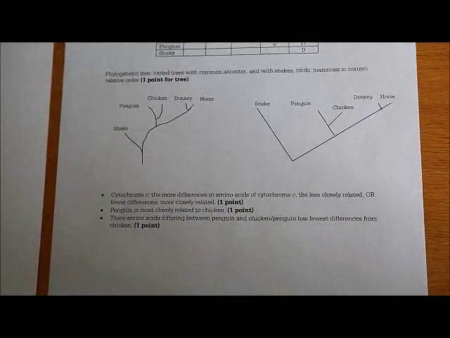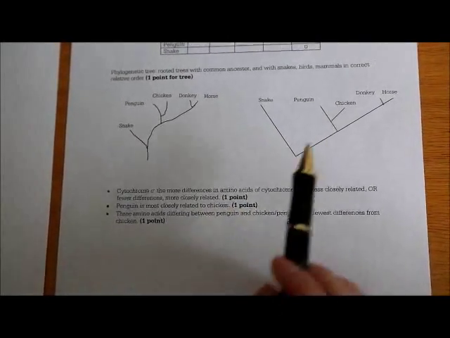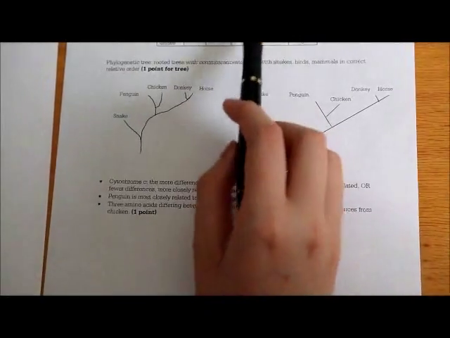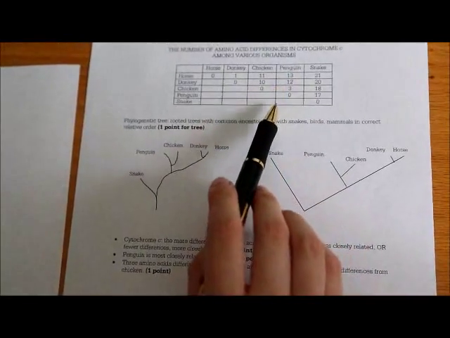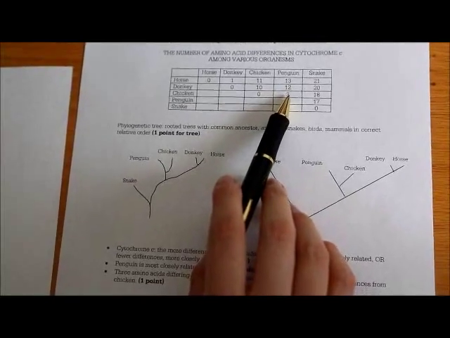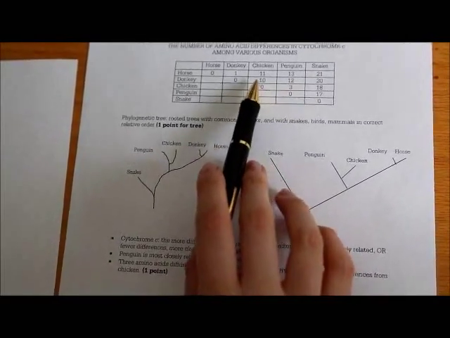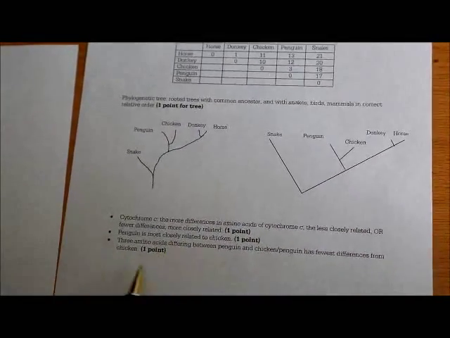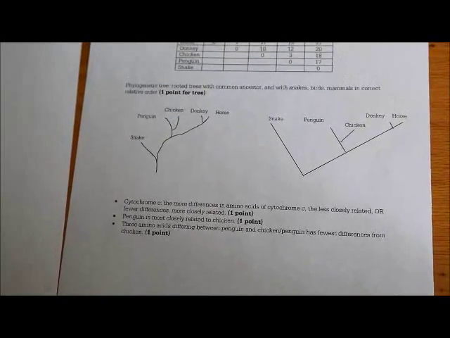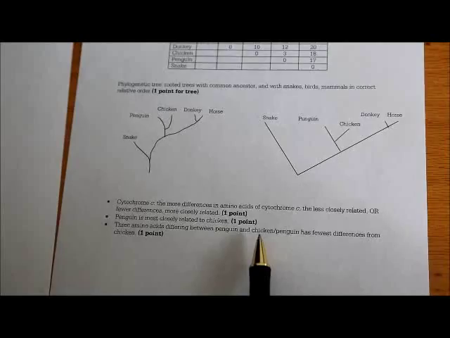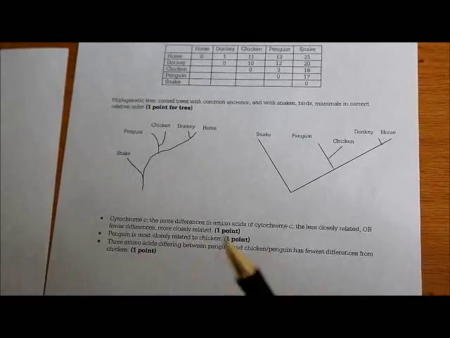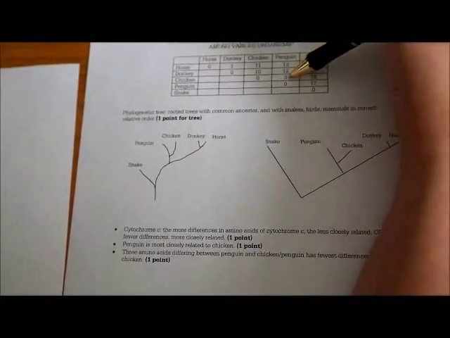Then you get a point for saying that the penguin is most closely related to the chicken because there are only 3 differences in the amino acids of cytochrome C between them. The final point is for saying that the 3 amino acids differ between the penguin and the chicken, the fewest differences from the chicken.